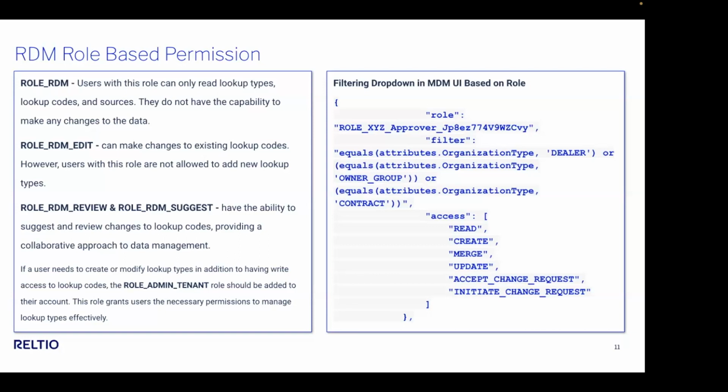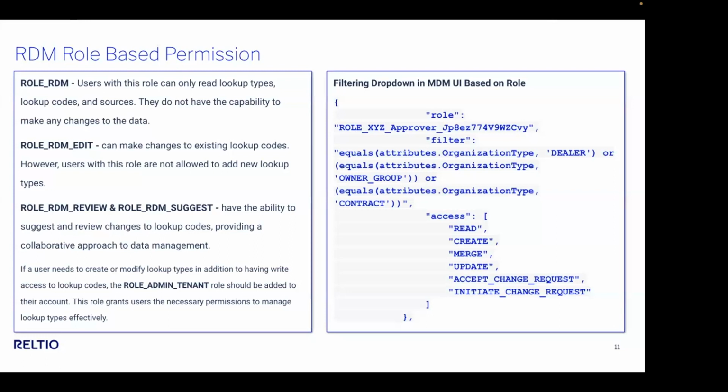If you want to add new lookup types, you have to have role admin tenant. This is not explicitly called out in our documentation. We'll make changes there, but just to clear the confusion: edit gives you access to edit existing values. Admin tenant is needed if you want someone to create lookups in your RDM tenant, right? So that was the most asked question here.